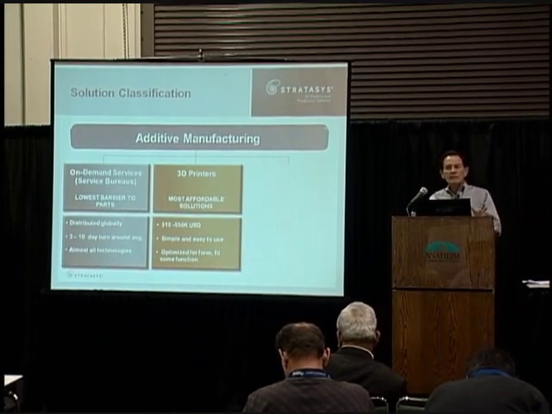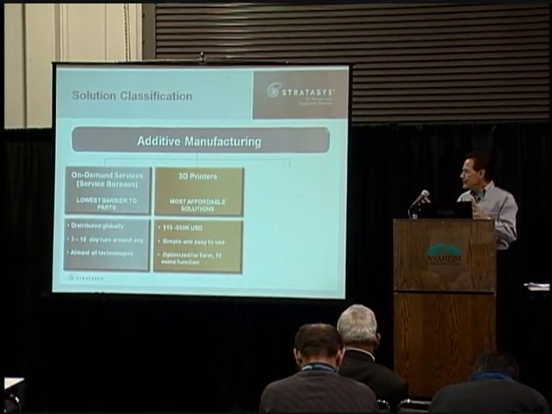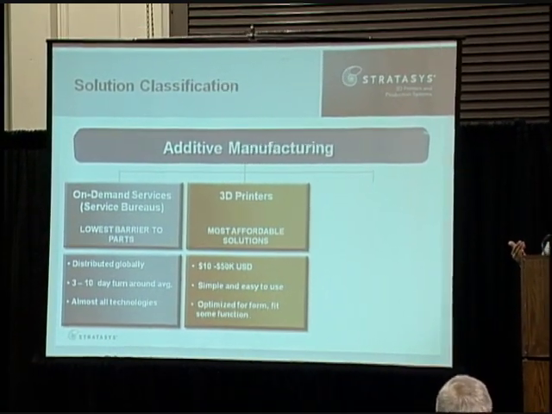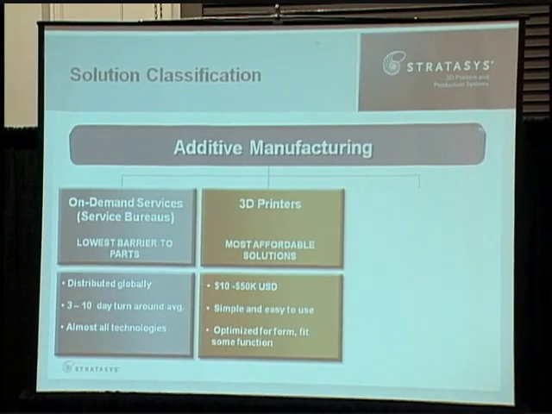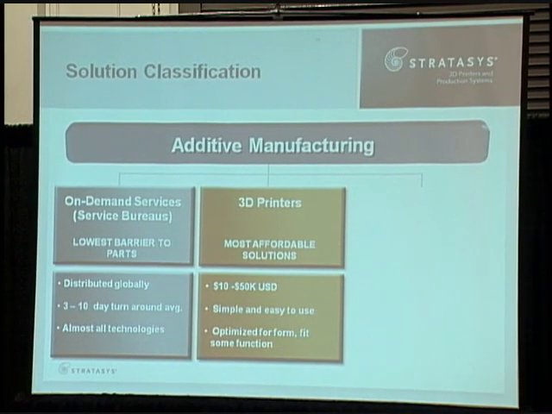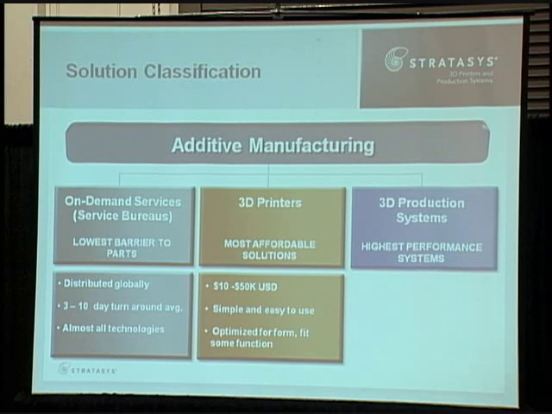We define these as the 10 to 15K range in our market today. They're simple and easy to use, optimized for form and fit concept models. Sit at your desk, run it in your cube type of equipment.